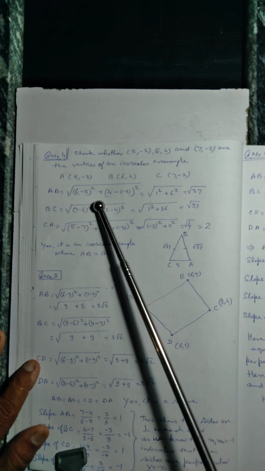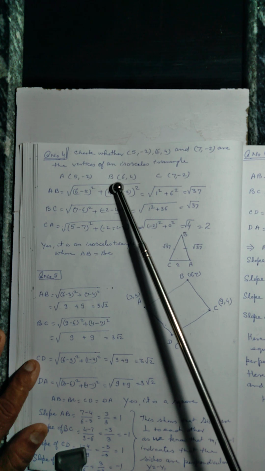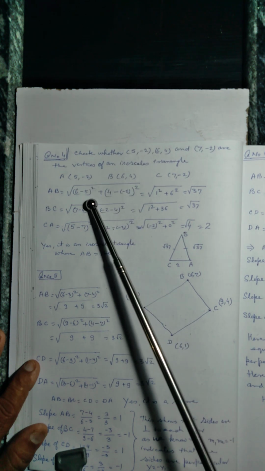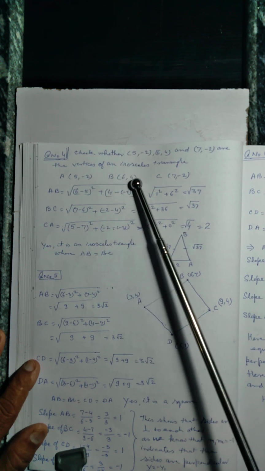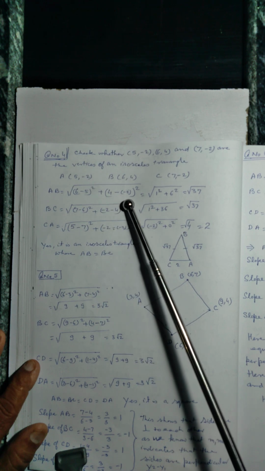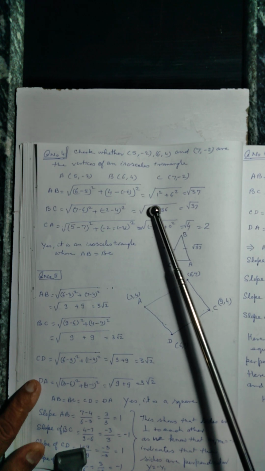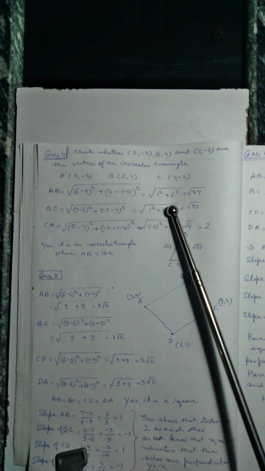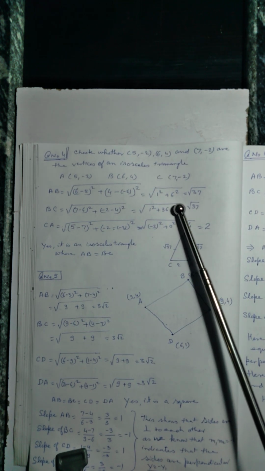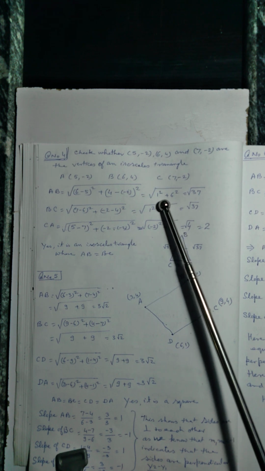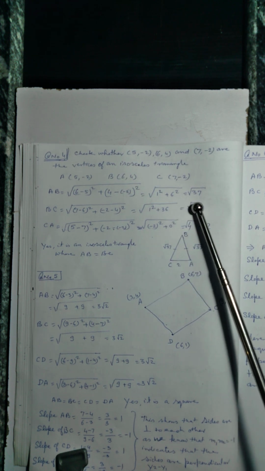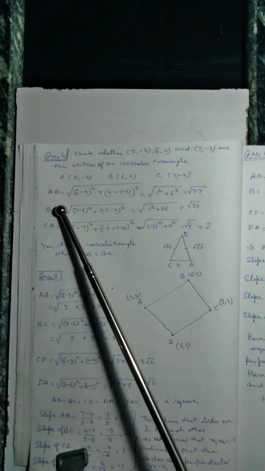Now AB will be equal to square root of (6 minus 5) whole square plus (4 minus 2) whole square. Solve it, you will get square root of 1 square plus 6 square. Again solve it, 6 square is 36 plus 1, that is 37. So root 37 will be the answer of AB.